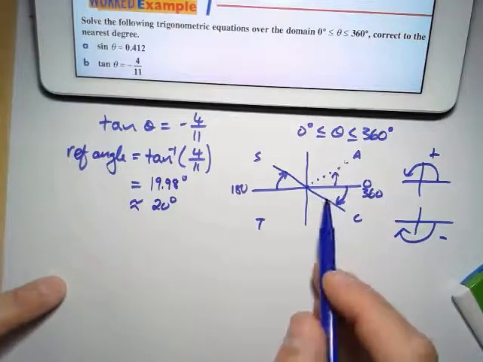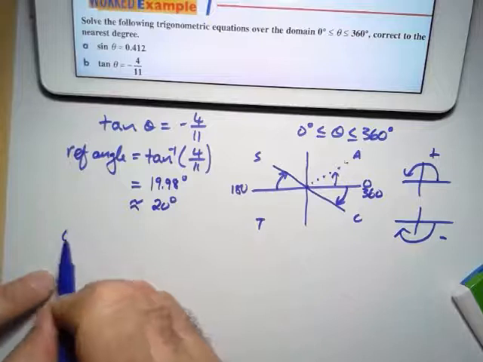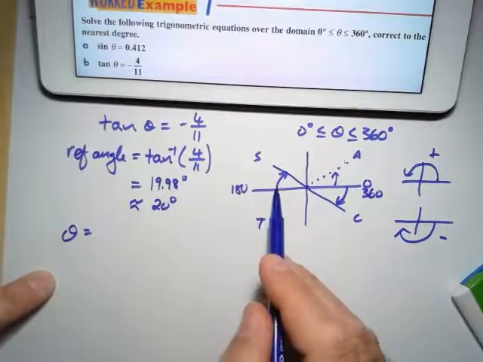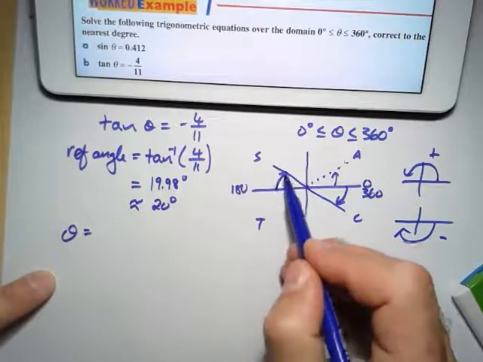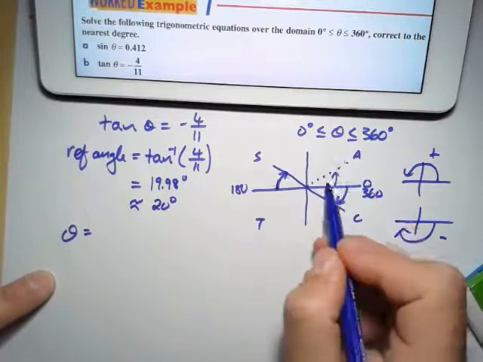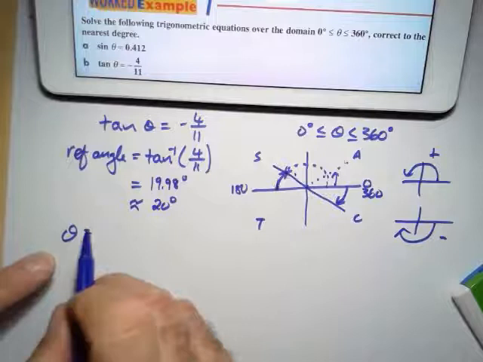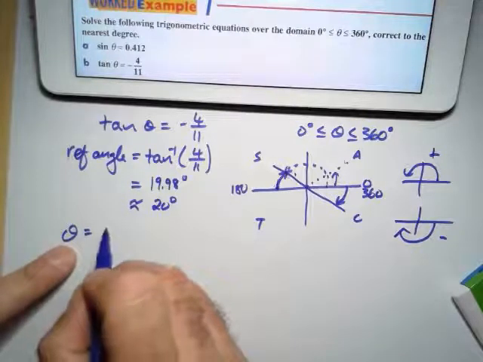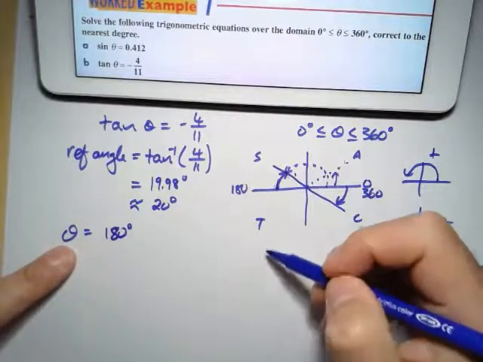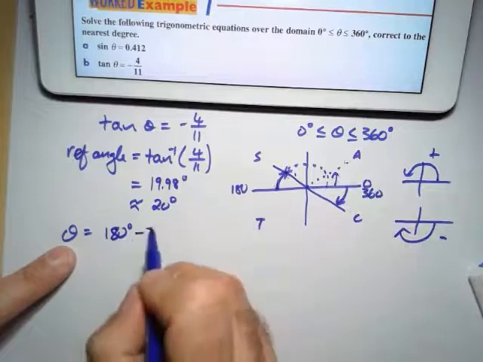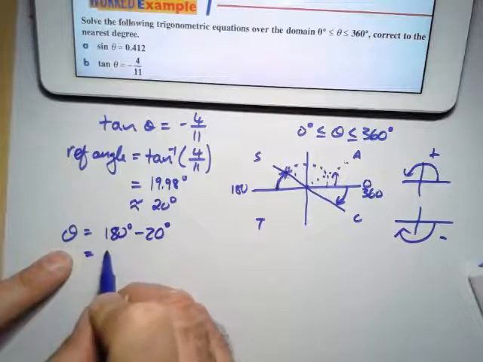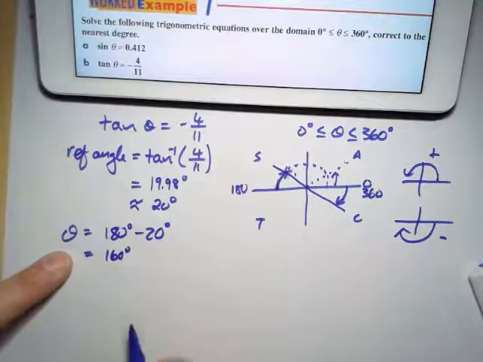So I have 2 answers. The first one is this answer. Theta equals, to find this, I'm not finding this angle is 20 degrees. I want to know what is this angle. So therefore it's going to be theta equals 180 degrees, going in the negative direction, minus 20 degrees. So the answer is 160.